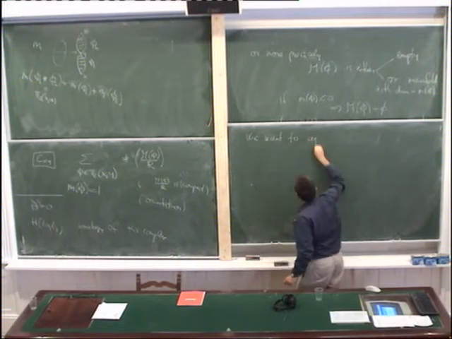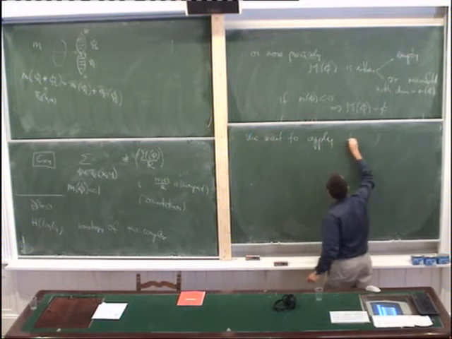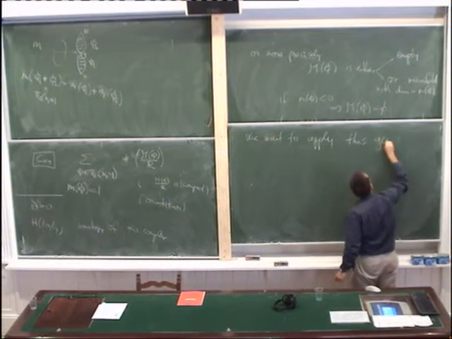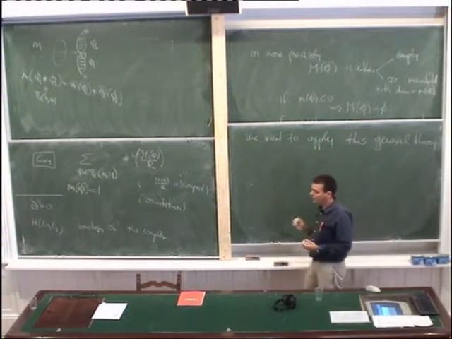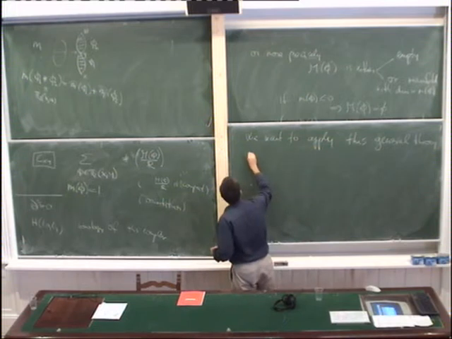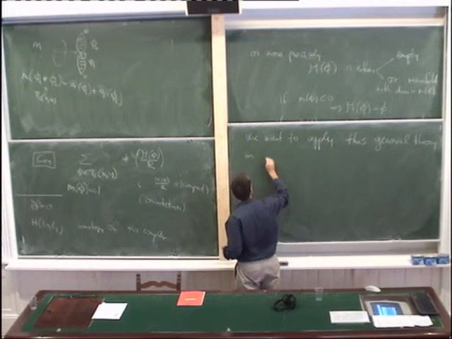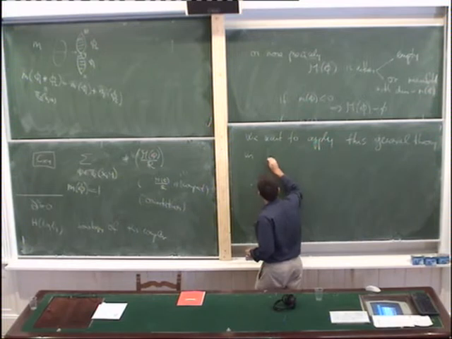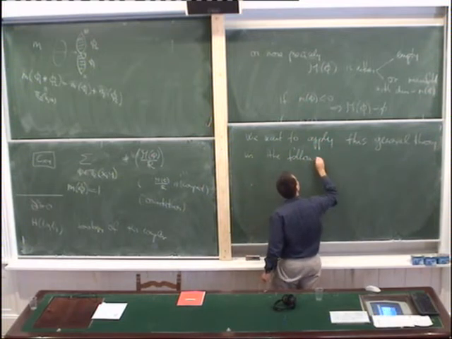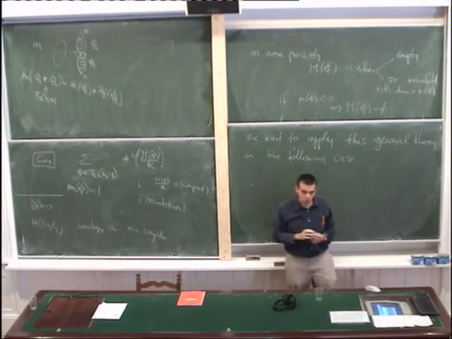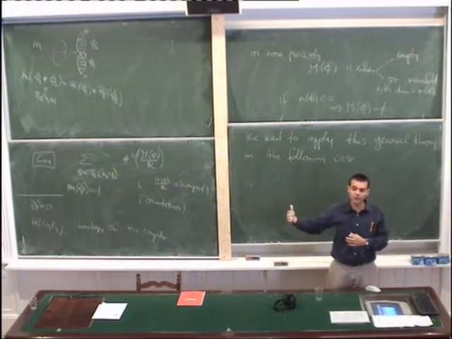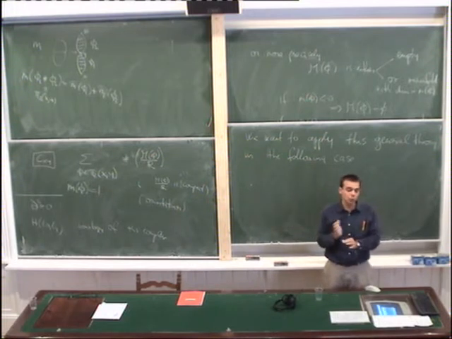So we want to apply this general theory in a special case, in the following case. I should mention that in general, this is some kind of invariant of two Lagrangian subspaces in a symplectic manifold.